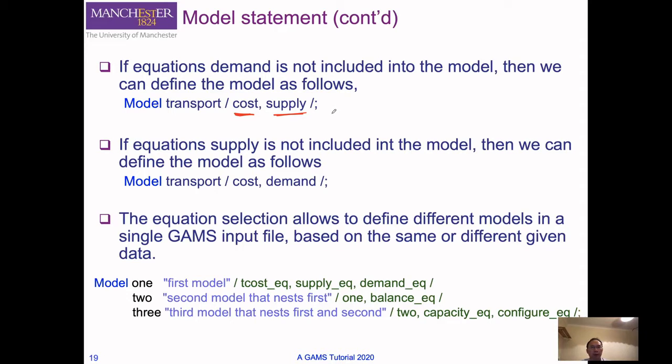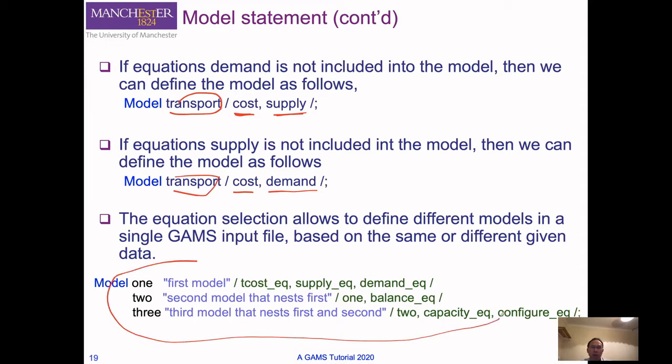By doing this, demand equations are not included in the model transport. Similarly, if we only want to include the equation cost and demand, then we can put their name in these two slashes. That means we don't include the supply equation in this model transport.